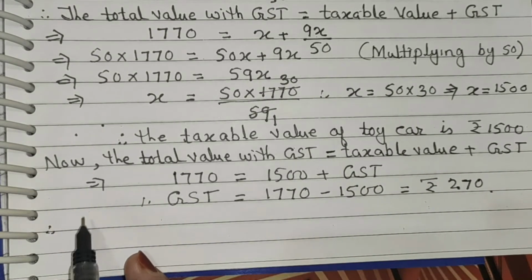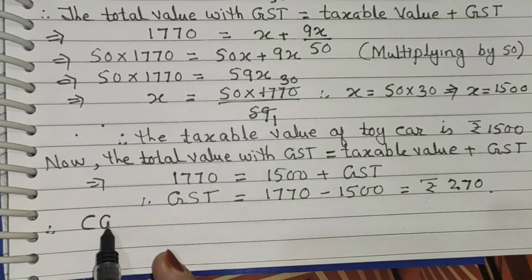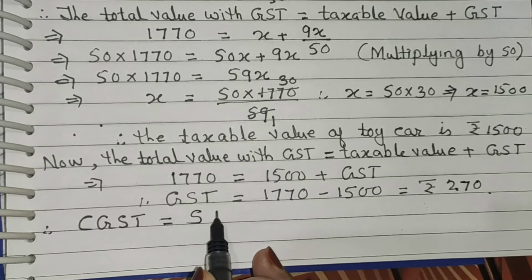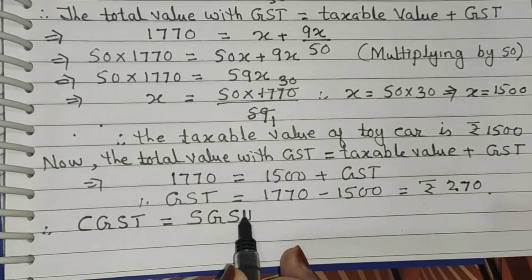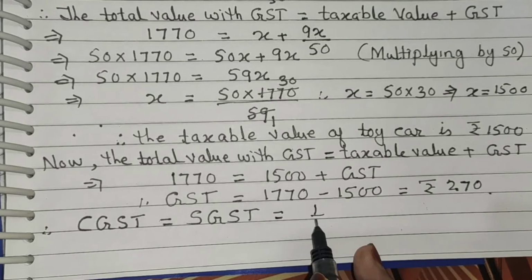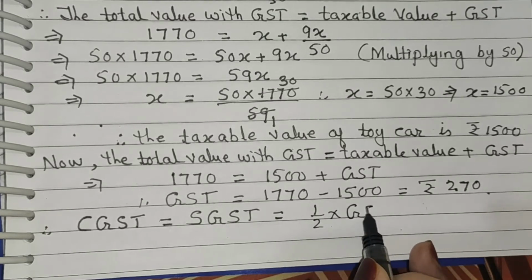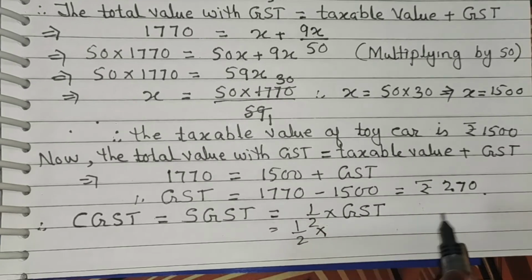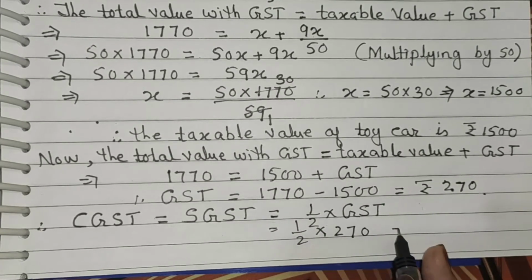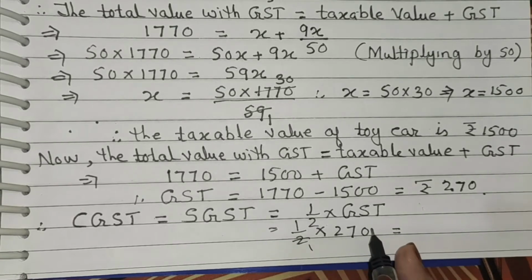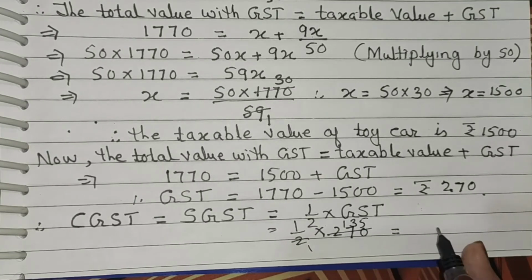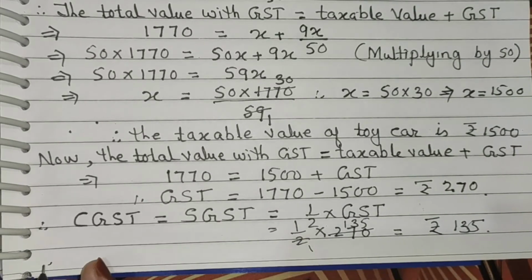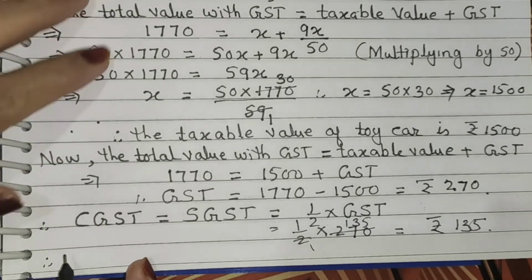Therefore the amount of CGST is equal to the amount of SGST. Both are equal, which is equal to half of GST. Therefore half into the value of GST, 270, cancel, 2 1s are 2, 2 3s are 6, 2 5s are 10, now we get here 135. Therefore write down the answer here.